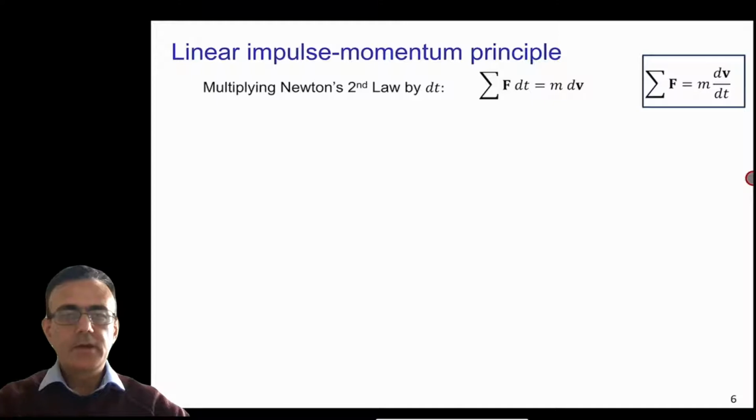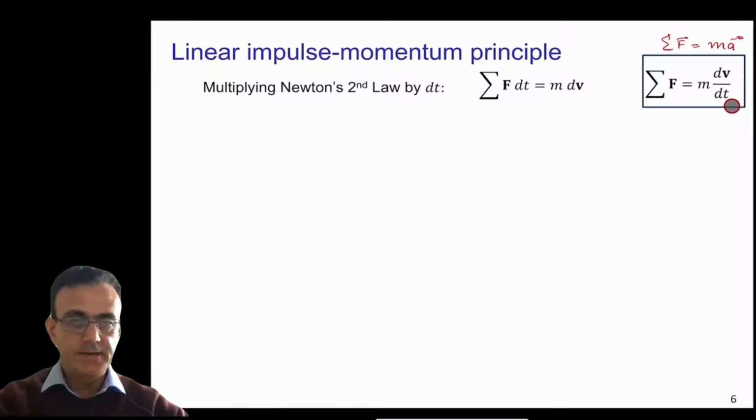Okay, so as you can see in this case, this is the summation of all the forces equal to ma, and a here is dv by dt, which is the rate of change of velocity, which is acceleration. So if you move this dt to the left hand side, it will become the summation of all the forces dt equal to m dv.